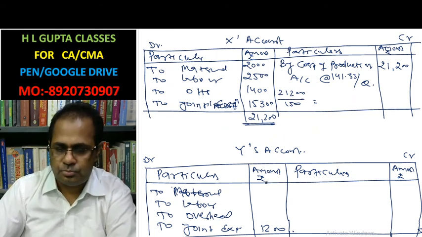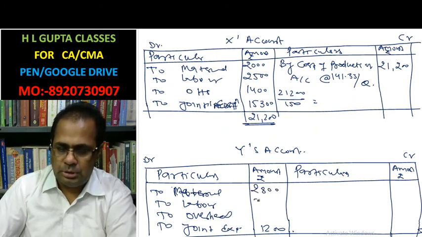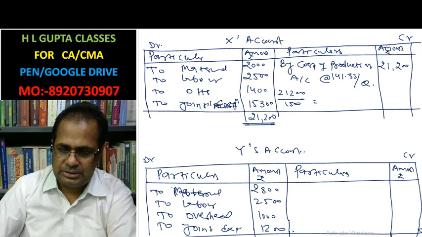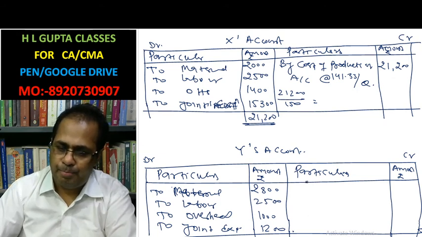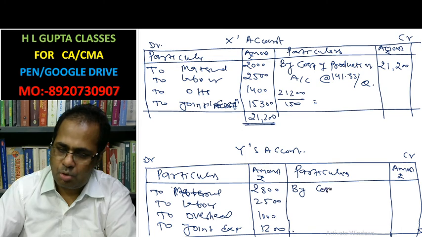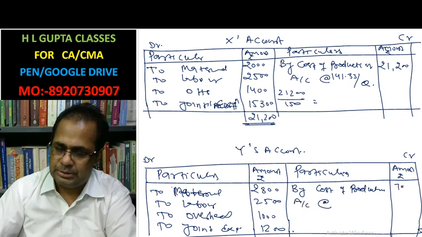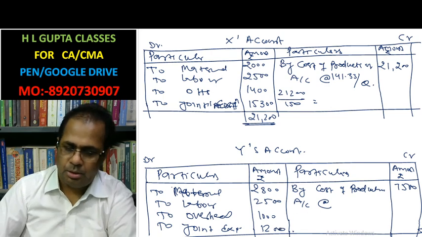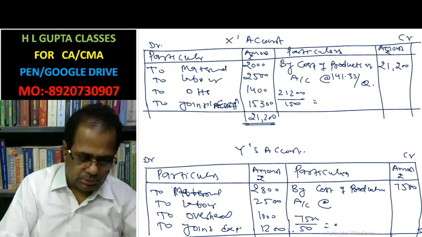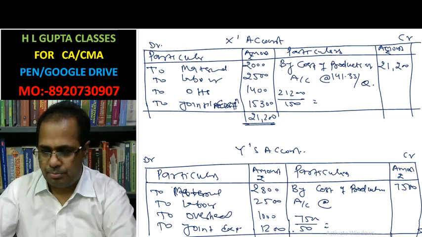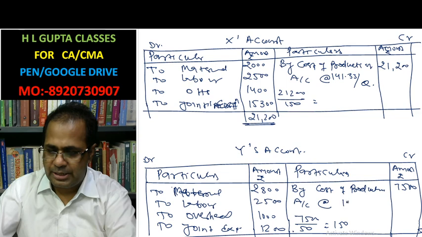Total is 7,500. By cost of production account at the rate of, 7,500 divided by 50, is 150.